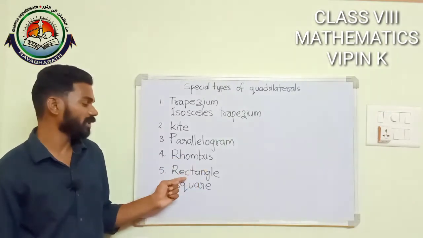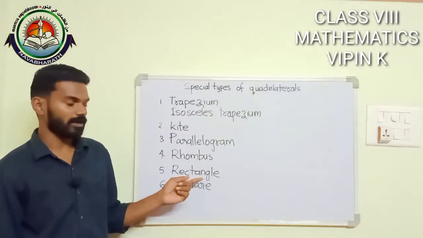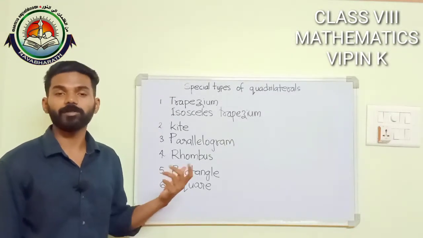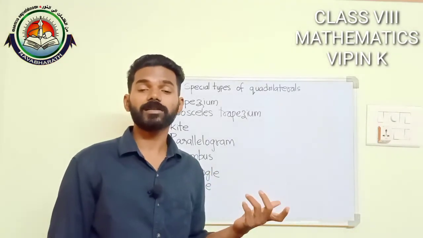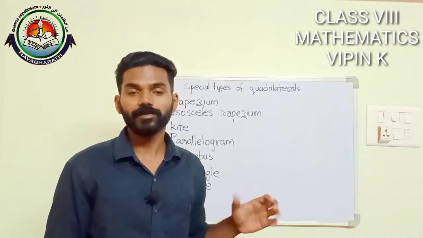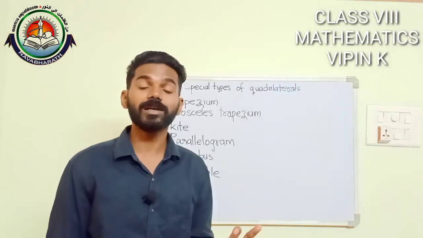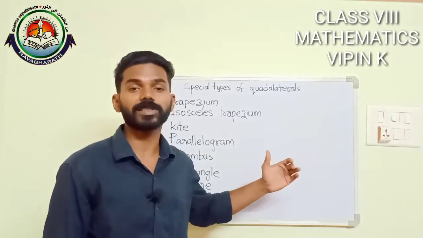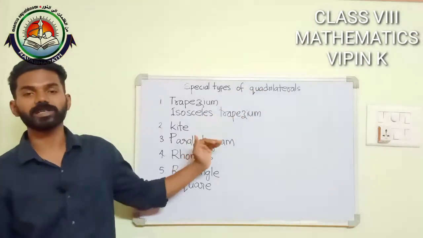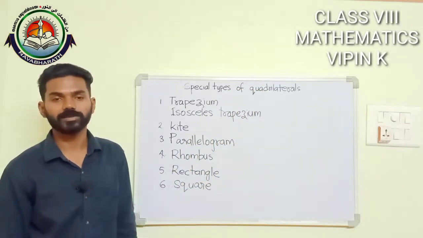The fifth one is rectangle. And the sixth one is square. Some of these quadrilaterals are already familiar to you. But here we discuss the relations of sides and angles of all these special types of quadrilaterals.